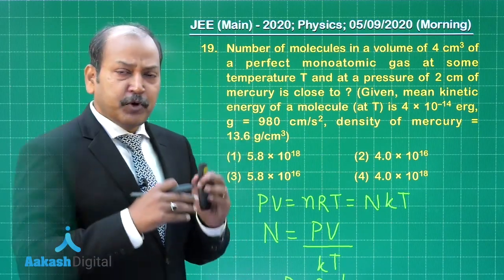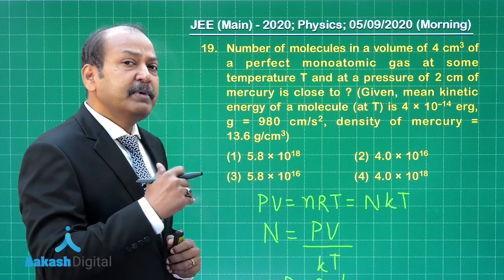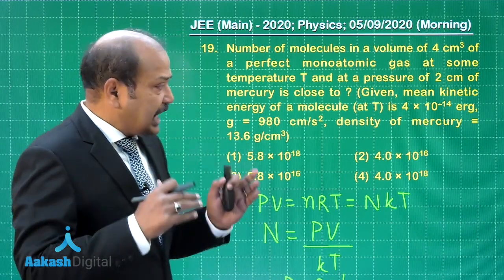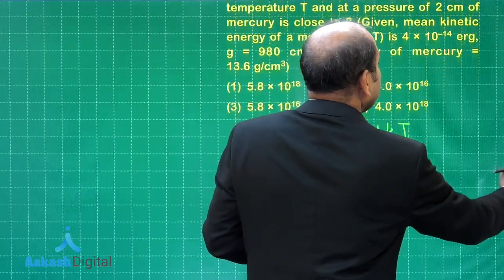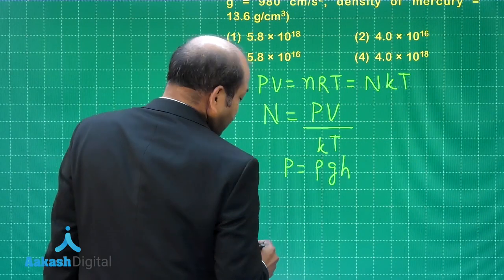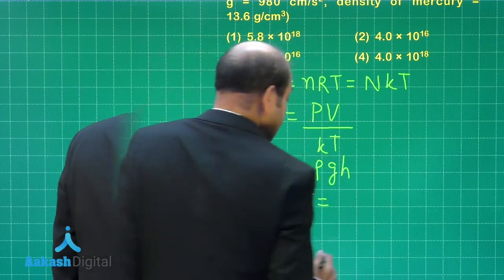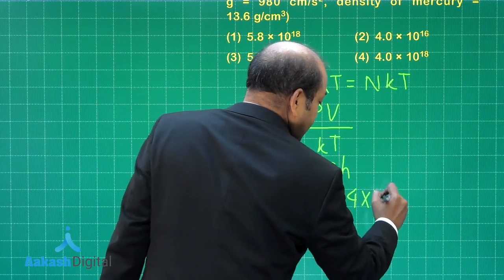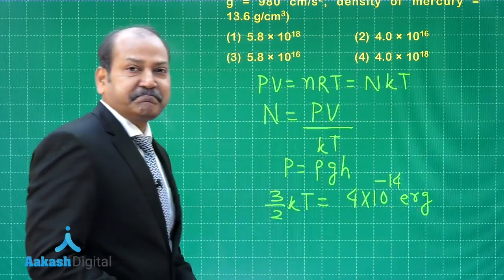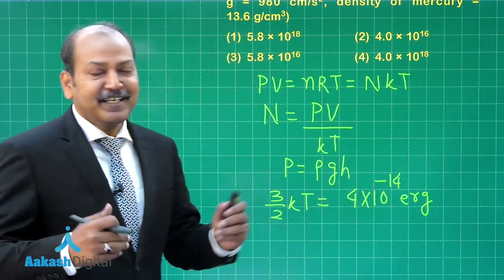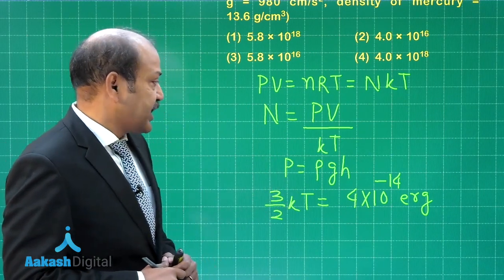Since it is a monatomic ideal gas, the average kinetic energy per molecule is 3 by 2 kT. So 3 by 2 kT is given as 4 into 10 to the power minus 14 erg, where the erg is the CGS unit of energy. So we have the value of kT.